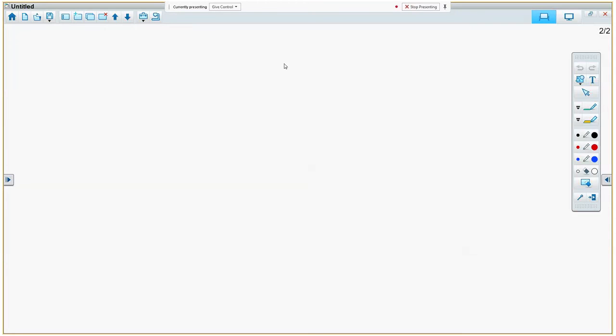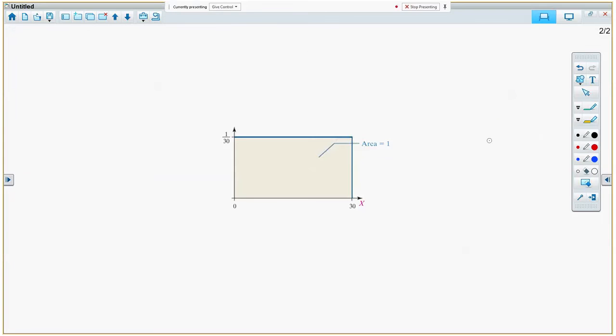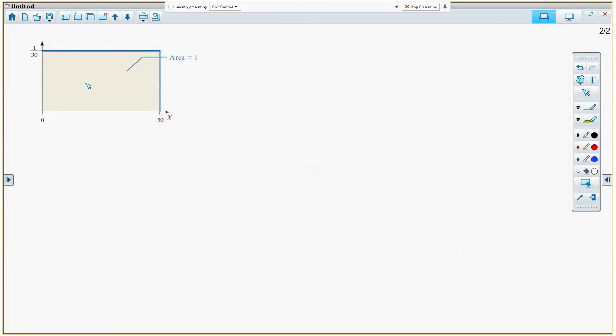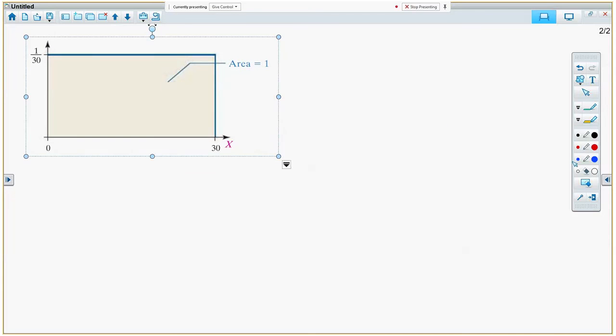Whenever you're given a uniform distribution, it's going to look like this. Now, most of the time, when you're given one, it's going to have to do with the class meeting at a certain time and ending at a certain time. I'll just make one up.